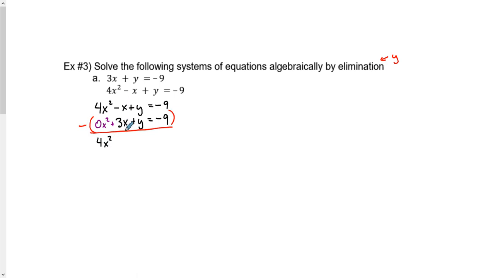Negative x subtracting 3x is a -4x. Y subtracting y is 0, so it's gone. A -9 subtracting -9, subtracting a negative is like adding a positive, so -9 add 9 is 0. So here's our entire equation: 4x squared minus 4x equals 0.